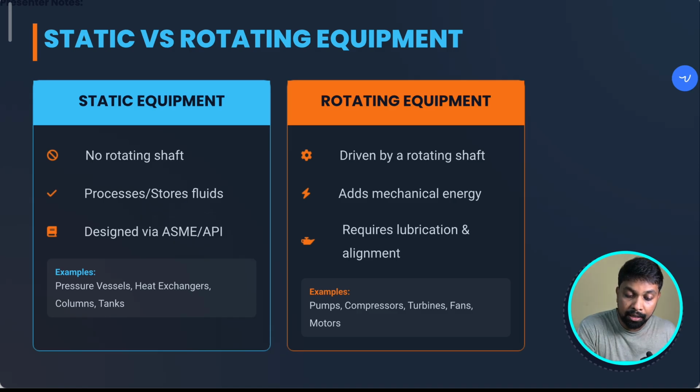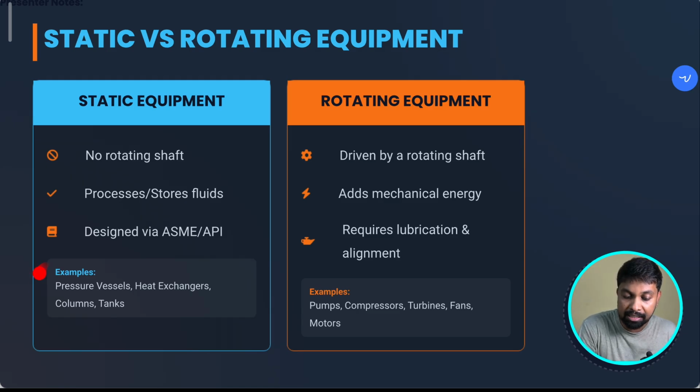Static equipment is designed by codes like ASME, API, EN or other codes, but designing rotating equipment requires more experience, and each and every organization has its own standards, own specifications and own SOP. SOP means standard operating procedure, how to design rotating equipment. Each and every company or organization has its own code. It is kind of a standard, but it is not a universal standard to design rotating equipment.